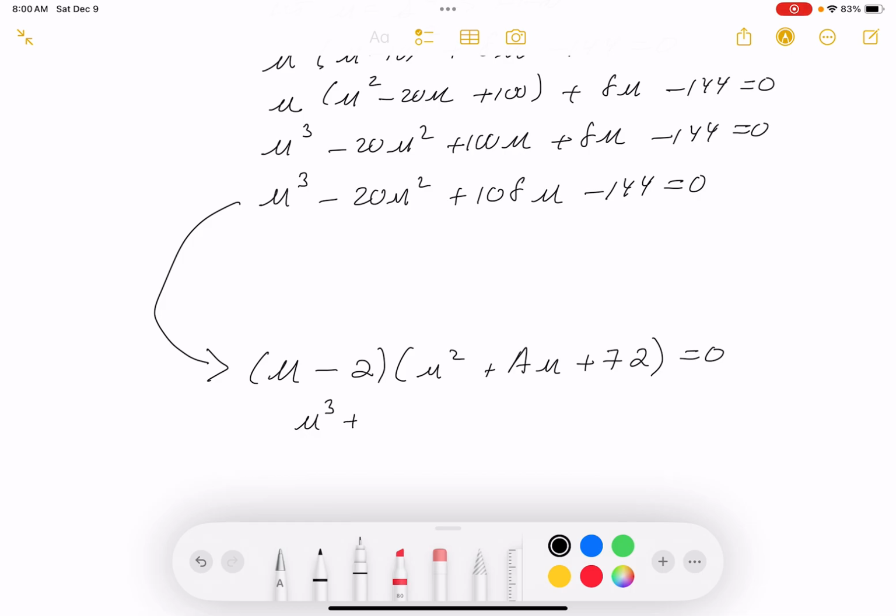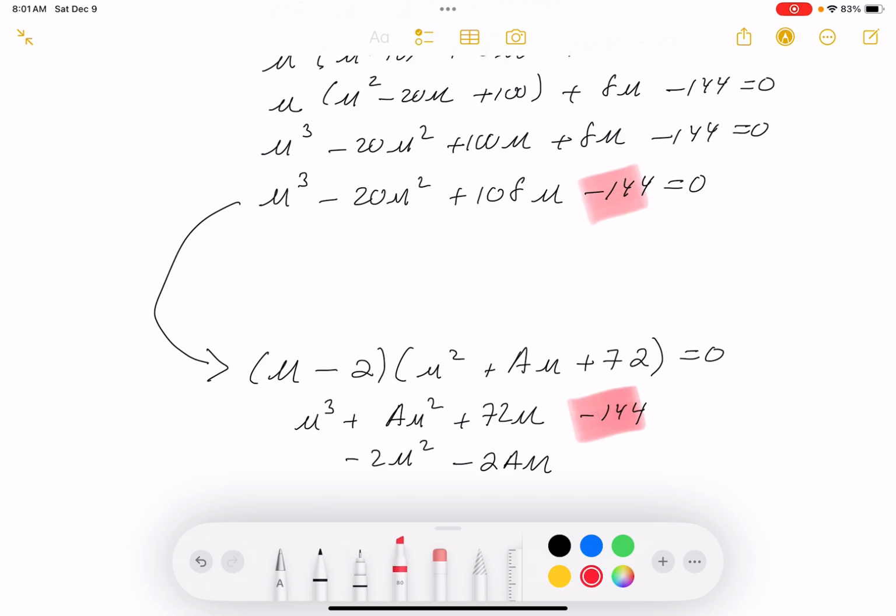You get u cubed plus Au squared, plus 72u. Let me keep going. Minus 2u squared, minus 2Au, and then minus 144. I just want to point out, these things are matching up.